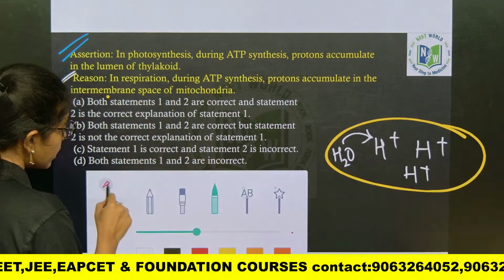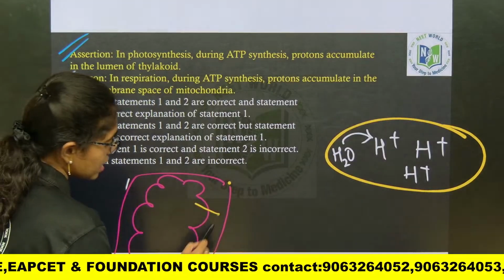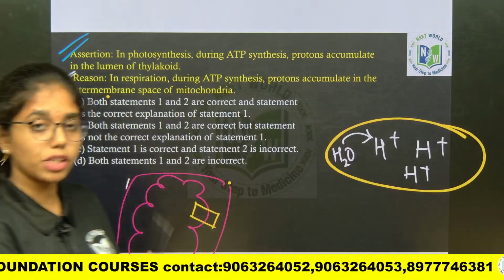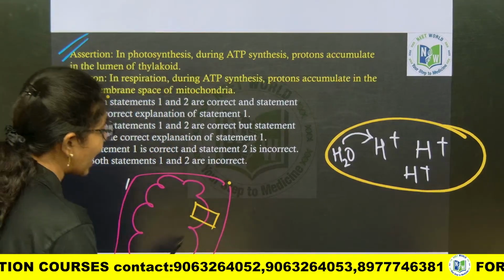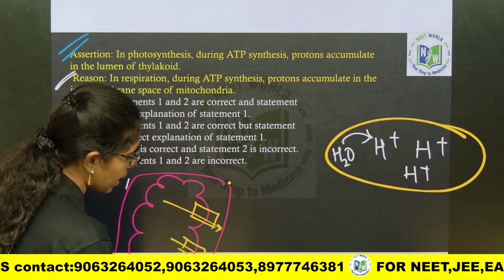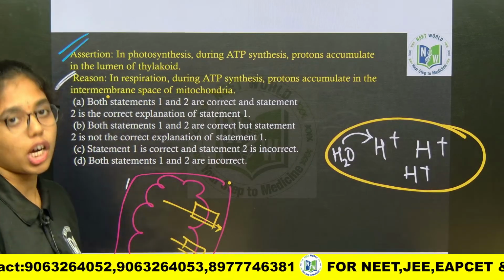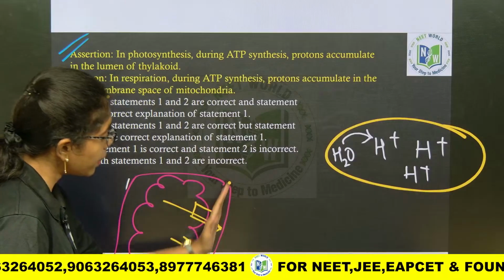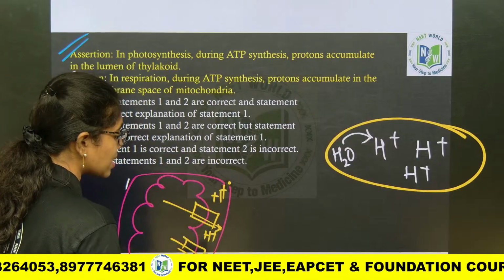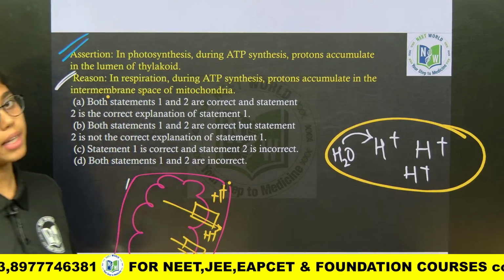When the four channels, or four complexes, complex 1, complex 2, 3 and 4, operate, they continuously pump the protons to the intermembrane space after oxidation. So protons get accumulated in the intermembrane space.